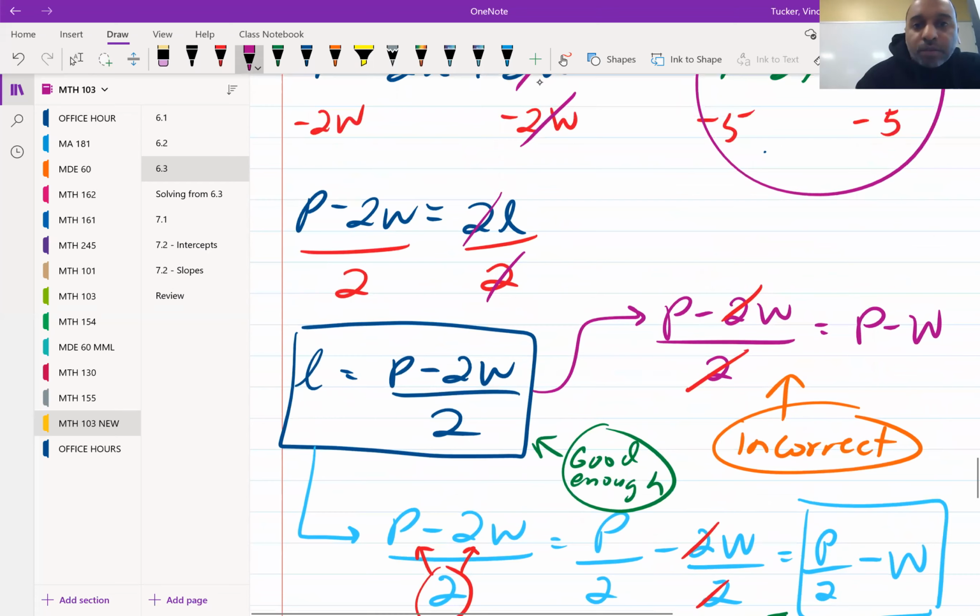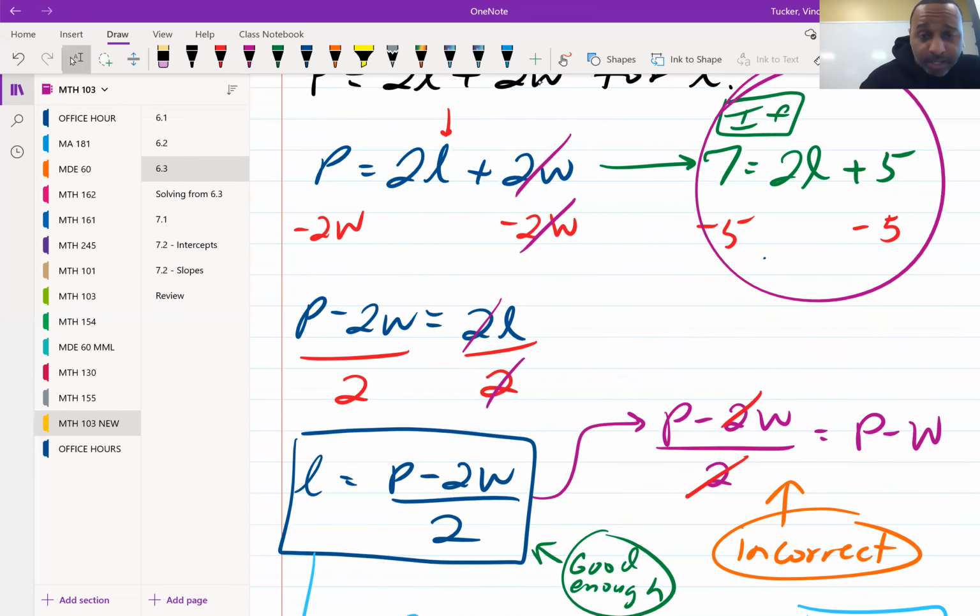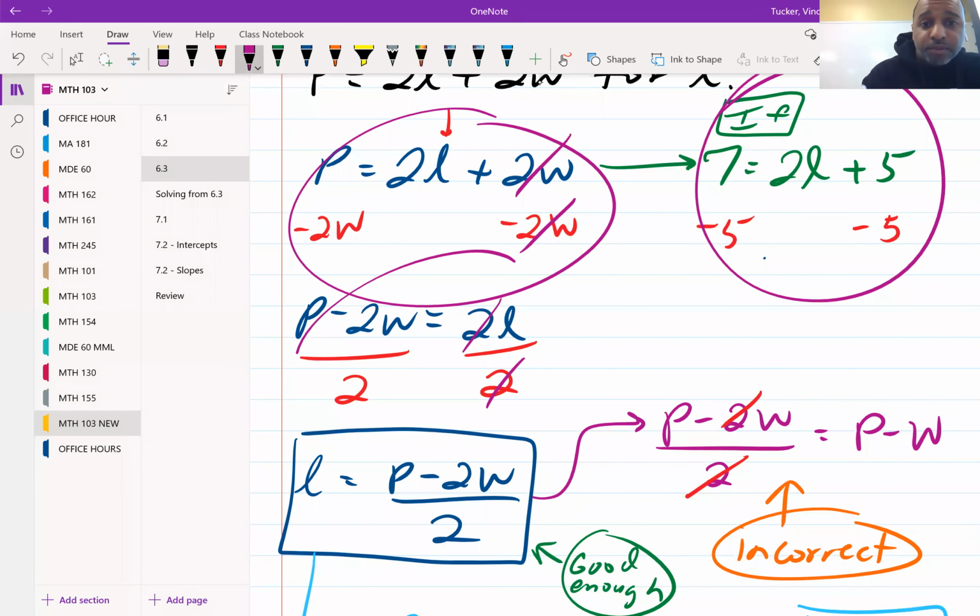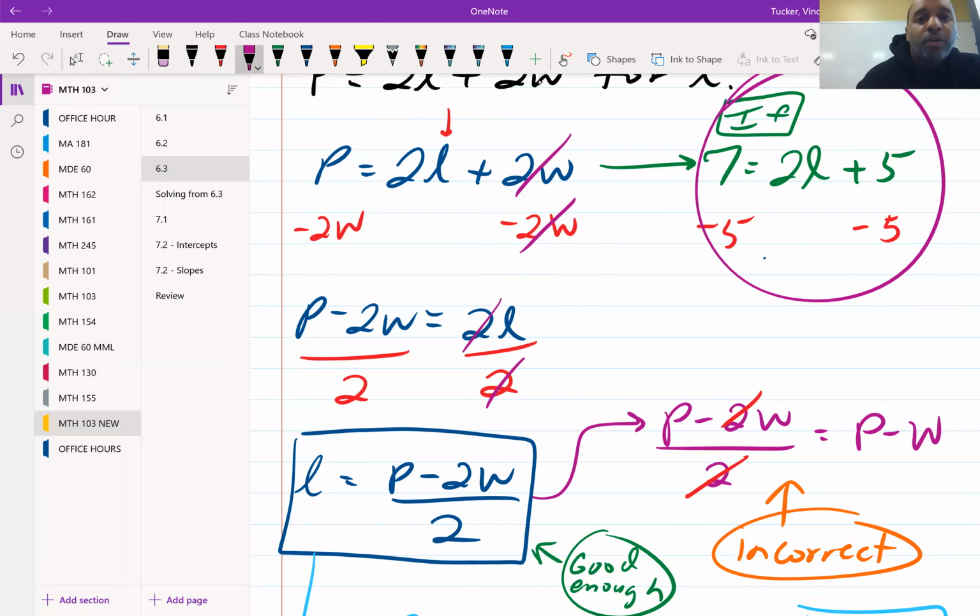Yep. All right. So for those on Zoom, we have a question in the class asking what made us do these moves right here. Your goal is to get this L by itself, so you need to remove everything on that side of the equation to the other side. The only way you can do it is by performing the opposite operations. When I look at 2L plus 2W, that's 2 times L, plus 2W.